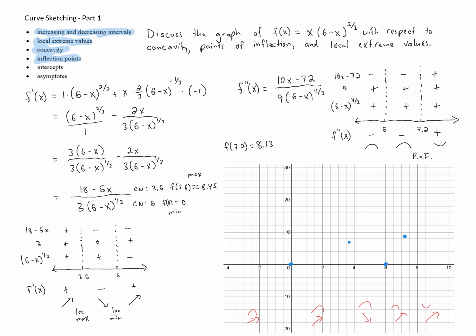So let's try and draw this. We know that this point here is a local maximum, and this point here is a local minimum. So we're going to be increasing up until there and then decreasing here. And it's going to be concave downward both. So it's kind of going to be bowl-shaped up and then down. Let's go ahead and draw those in.